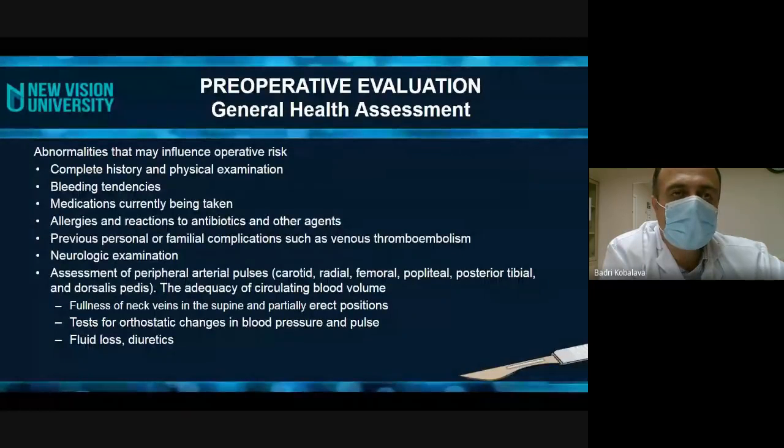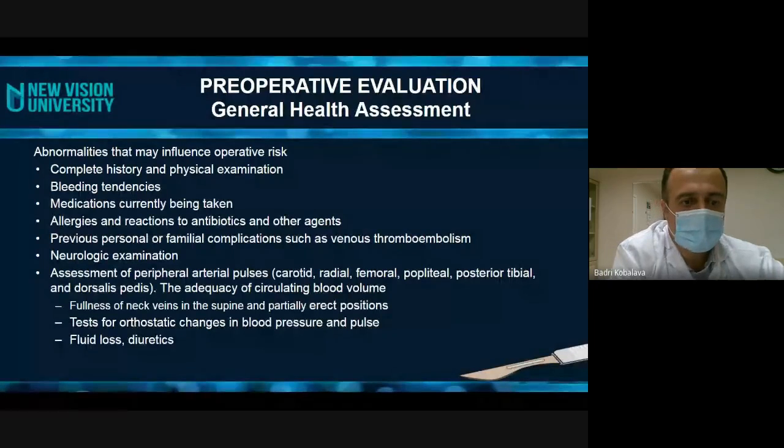Medications currently being taken by the patient. For example, the patient has high blood pressure and takes medication, and it is more important during emergency surgery, when you have no information about previously taken medications and inject hypotensive medications, and too much hypotensive effect can lower the blood pressure too much.